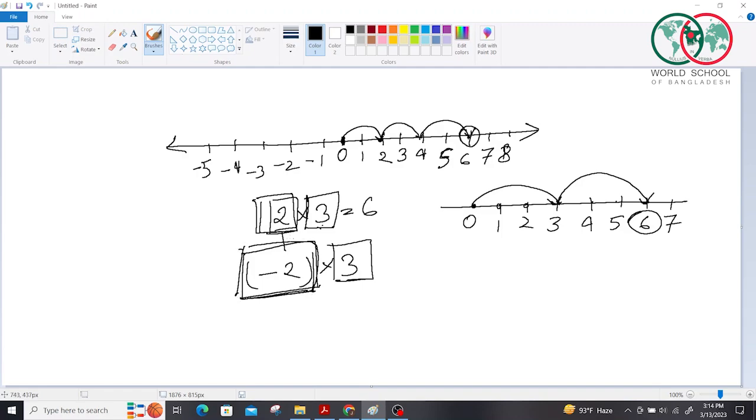It will be in the negative direction, like this: 1, 2. So one jump, then another jump 1, 2, second jump, again 1, 2, third jump. So we have reached minus 6. So our answer will be minus 6.